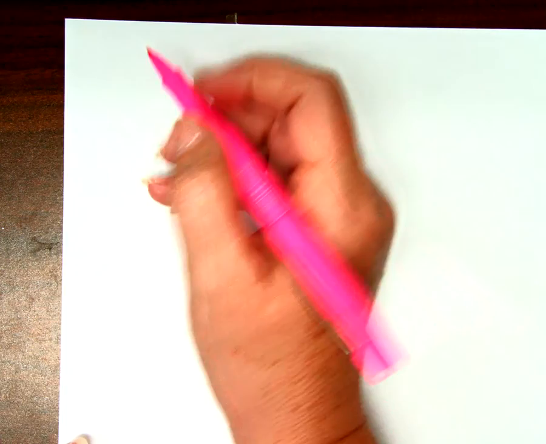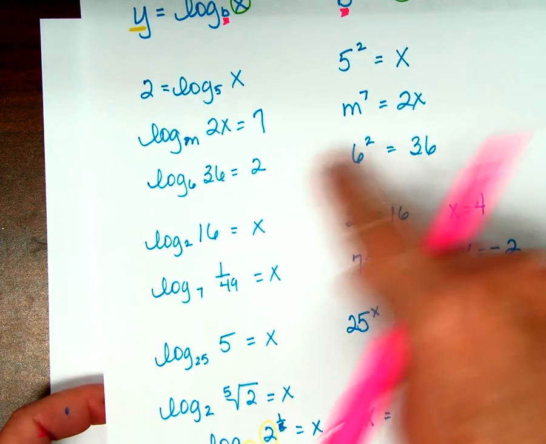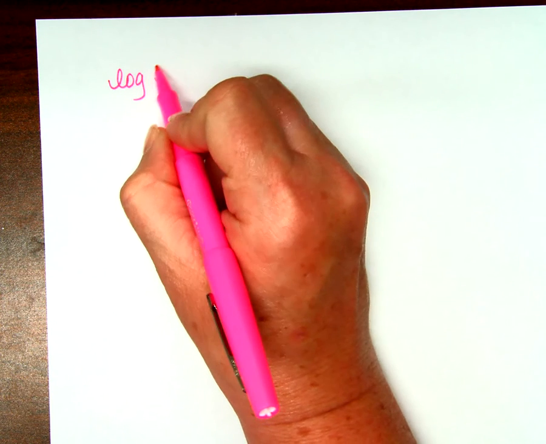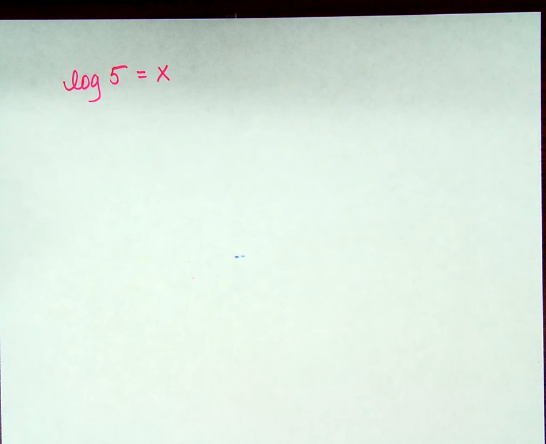Okay. So all the stuff we were talking about before, putting it from exponential to logarithmic and stuff like that, if I said log of 5 equals x, what would you notice immediately? There's no base, right?